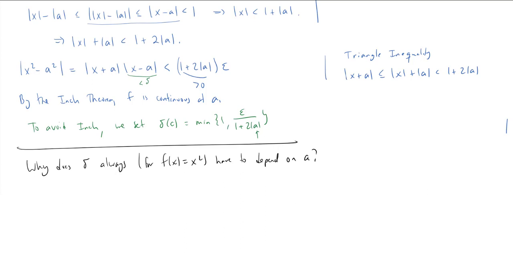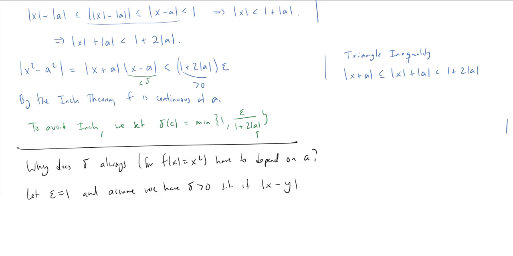Okay, so let's let epsilon equal 1. And we're going to do this by a little contradiction here. We're going to assume we have delta positive such that if, well, I'll just choose some arbitrary numbers now.